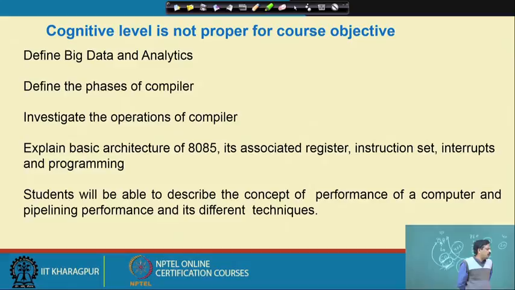"Explain basic architecture of 8085." See, the engineer's job is not only to explain; that is not the major outcome of the course. If I am teaching a course on 8085 and they only know how to explain the basic architecture of 8085, then they are not a BE engineer, or I am not teaching for a BE engineer.